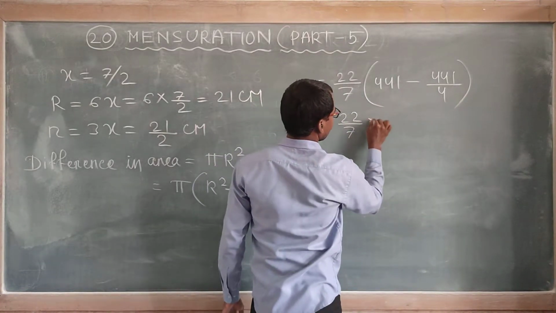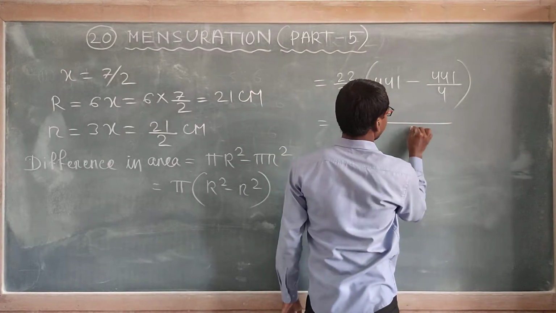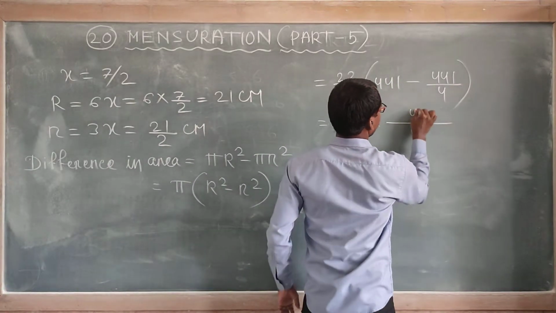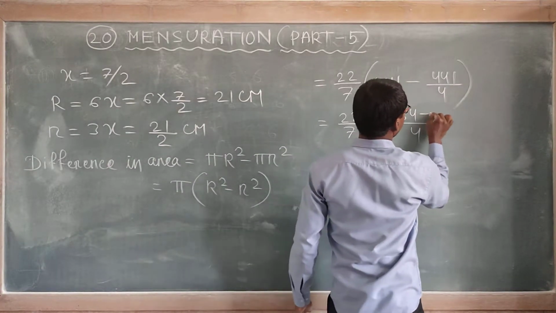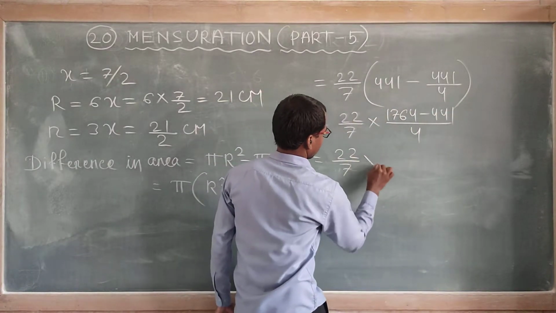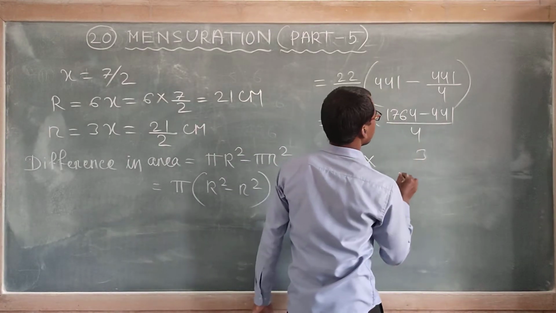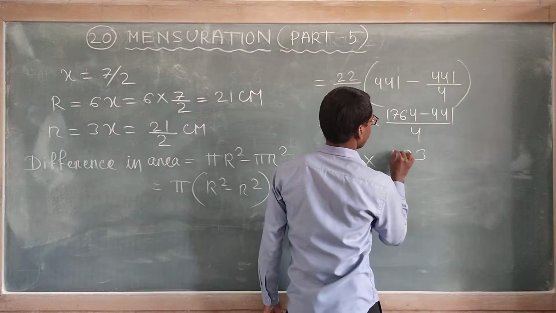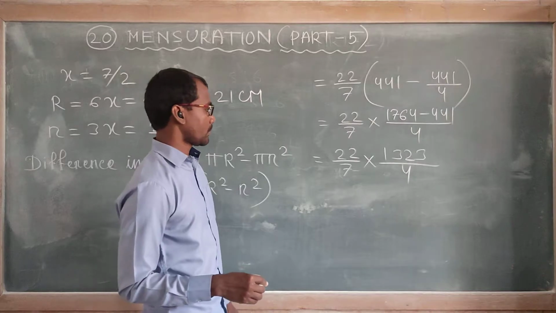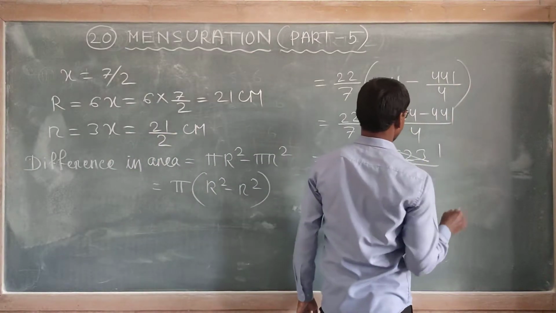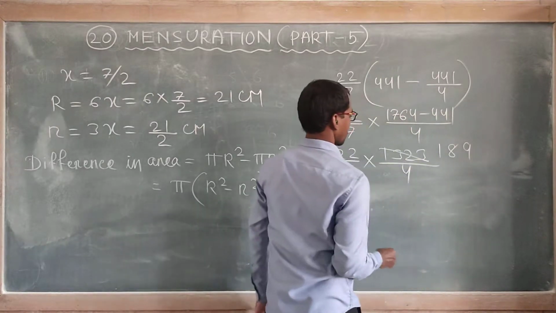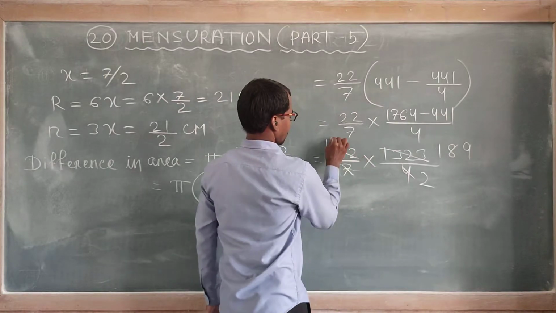22 by 7 into 441 into 3 by 4. So let us simplify this. 7 1 is 7, 7 8 is 56, 7 9 is 63. 2, 11.